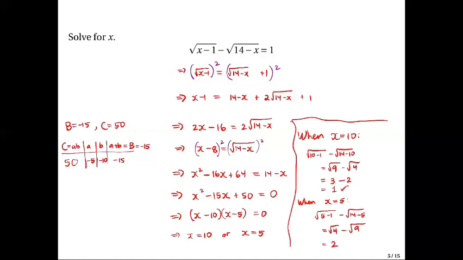This is equal to 2 minus 3, which is equal to negative 1. And this is not equal to positive 1. Therefore, the only solution here is x equals 10. And for x equals 5, we say it's not possible, or we say it's an extraneous solution.